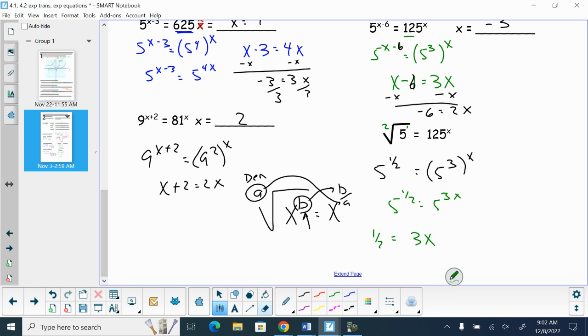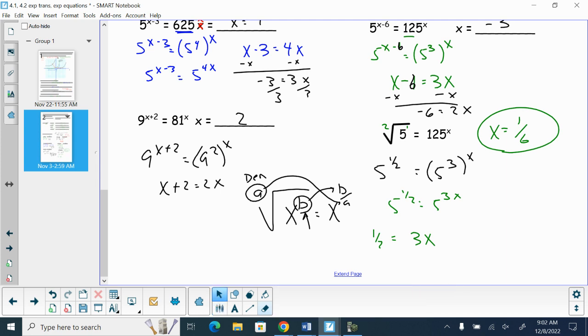So we have 1/2 is equal to 3x. Dividing by 3 is like multiplying by 1/3. So I have 1/2 times 1/3. So we have x should equal 1/6.